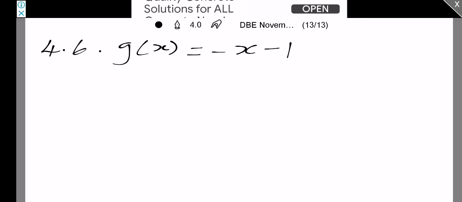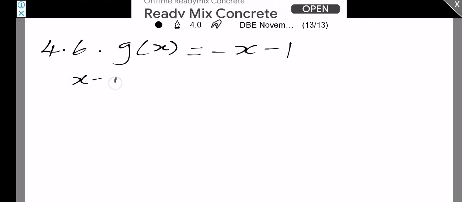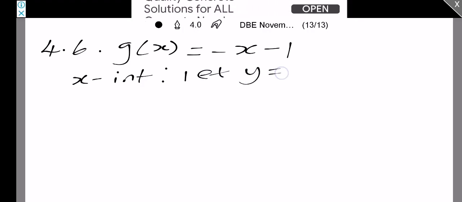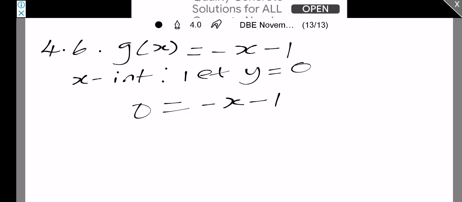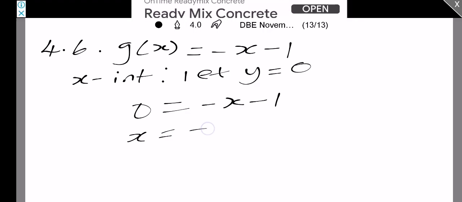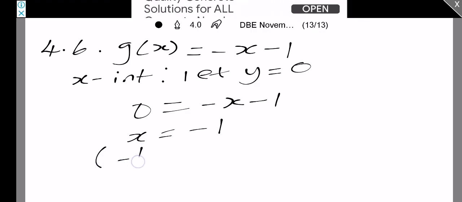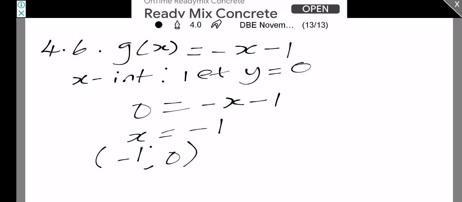Let's start with the x-intercept. We let y equal 0. So 0 is negative x minus 1, take the 1 to the other side, then x is going to be equal to negative 1. In coordinate form, this is (negative 1, 0).